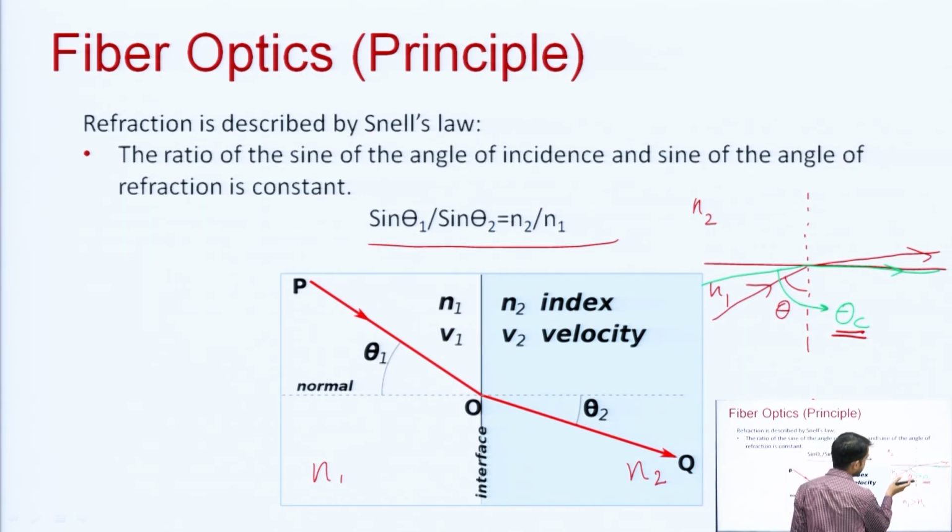Now, if we increase the angle of incidence beyond this point, what will happen? This light ray will come back in this same medium, and it will follow all the rules of reflection, something like this.